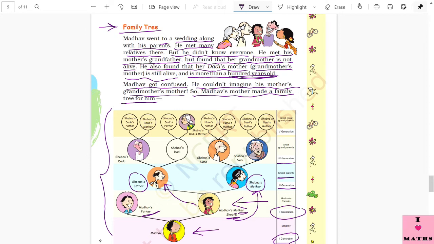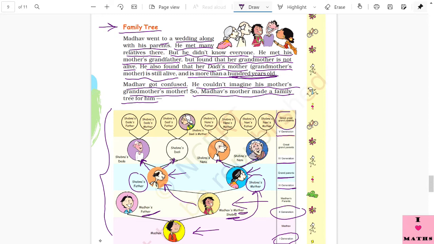Now, fourth generation is Madhav's Nani's mother. She is Madhav's Nani, and her mother and her father were alive. He is Madhav's Nanu. Only his father is alive. His mother is not there. Okay, now this is fifth generation.